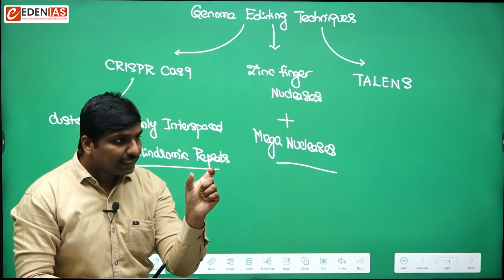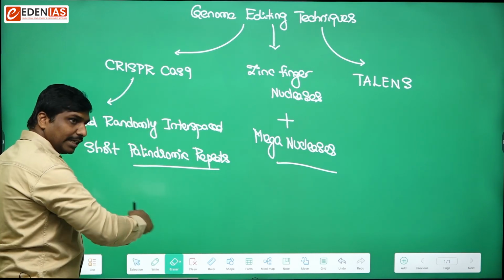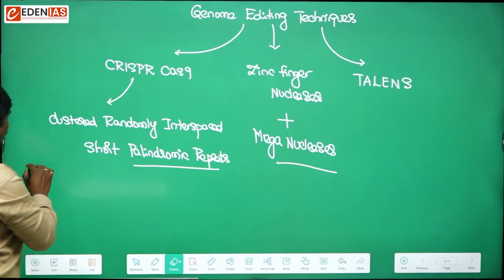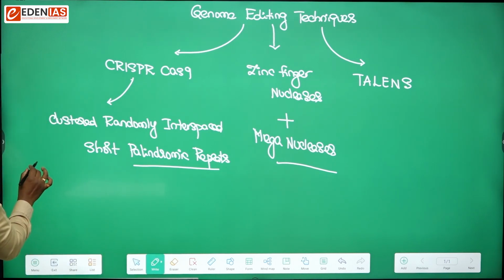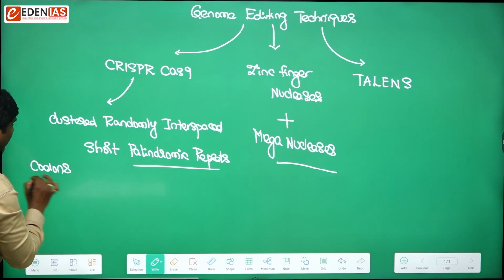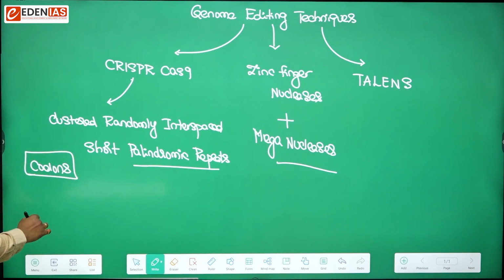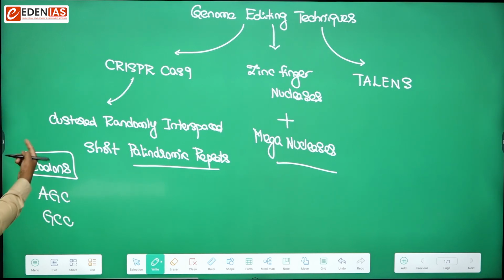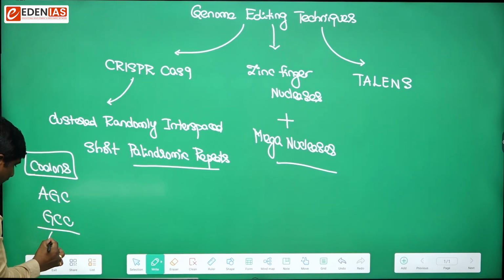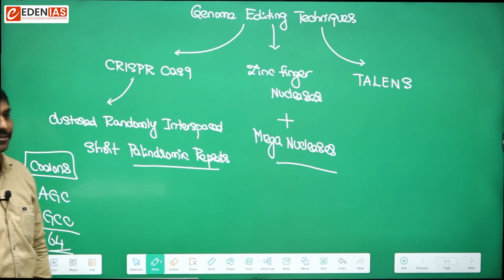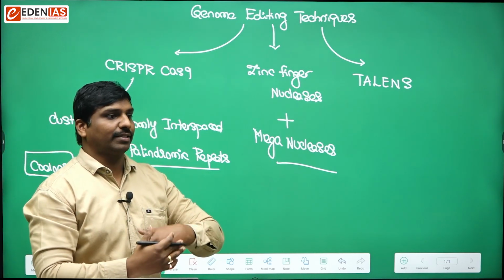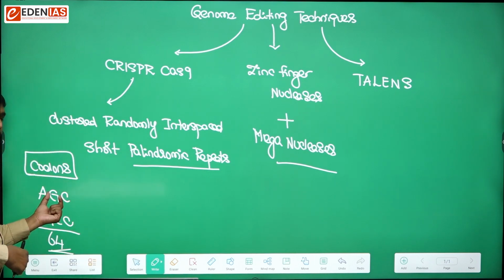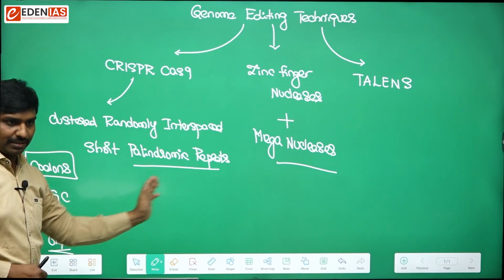So these things would be arranged in this manner. Codons means that genetic information is stored in the form of certain codes that are called codons. Like a codon would be AGC or GCC. Likewise, in living organisms, we have 64 such codons. In human beings, such codons will repeat in the genetic makeup.